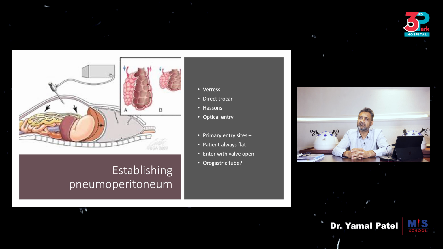Primary sites of entry for the optical trocar could be intraumbilical, supraumbilical, infraumbilical, Lee Huang's point, which is slightly above, maybe the Palmer's point on the side if there are adhesions from previous surgery, or even the Jain's point. So the primary entry point could be any of the following.